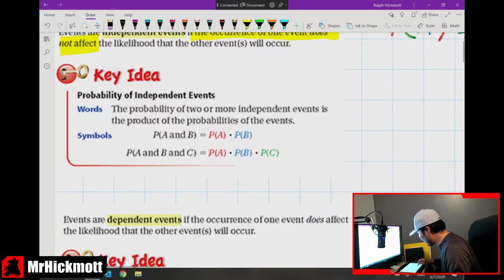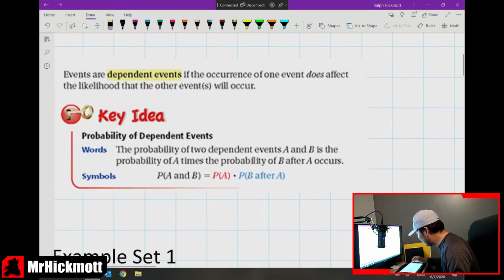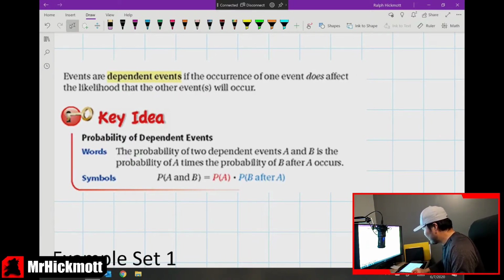Then it gets a little bit quirky when we start looking at what's called dependent events. Events are dependent if one event does affect the likelihood of the other event. In these types of situations, what you have to be careful of is that when we calculate the second event, our total possible outcomes is probably going to change.